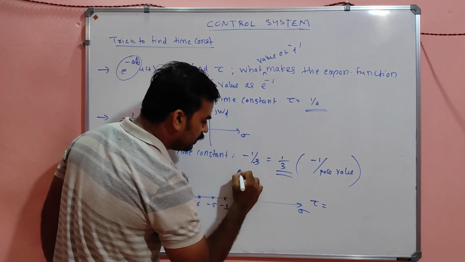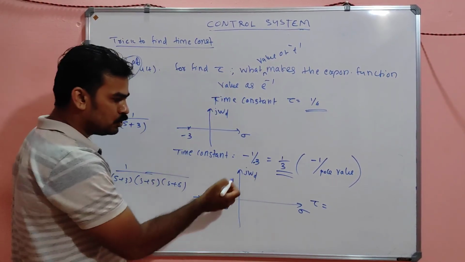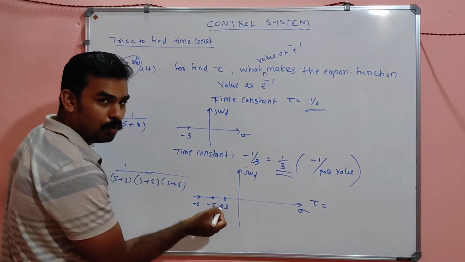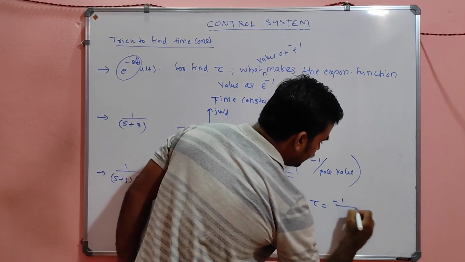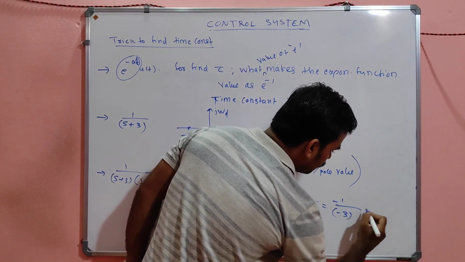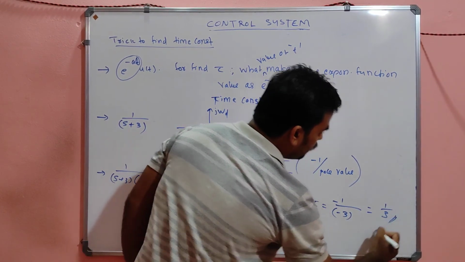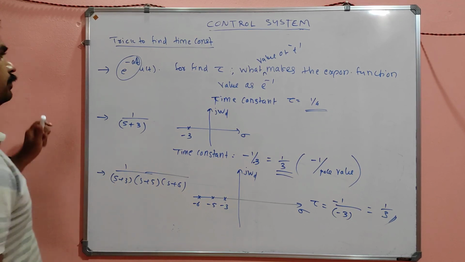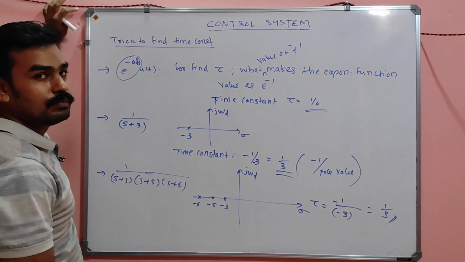So this is sigma and this is the j omega axis, so this is the imaginary axis. Consider only the first pole here. So the time constant will be -1 by the nearby pole, so it will be simply 1 by 3. So that is the trick to find the time constant. It's very useful during our programs.